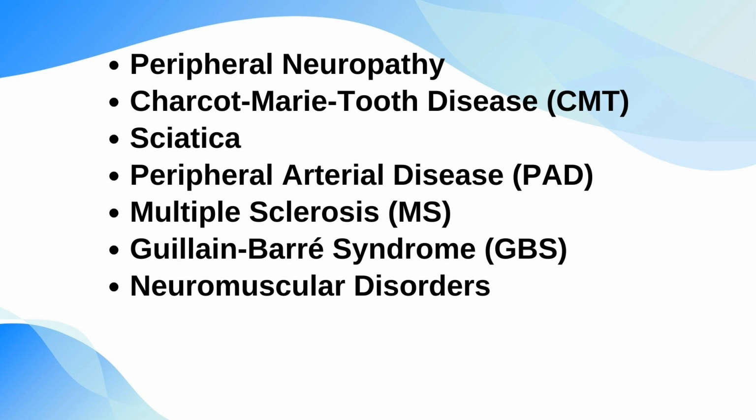It refers to damage to the peripheral nerves, which can cause symptoms such as numbness, tingling, weakness, and pain in the extremities. It can be caused by various factors, including diabetes, infections, autoimmune disease, and exposure to toxins. And we have Charcot-Marie-Tooth disease or CMT.